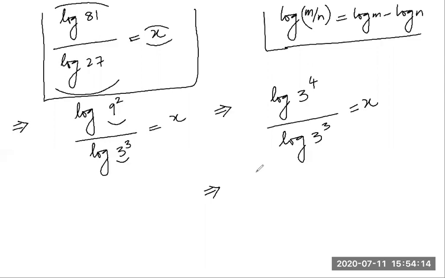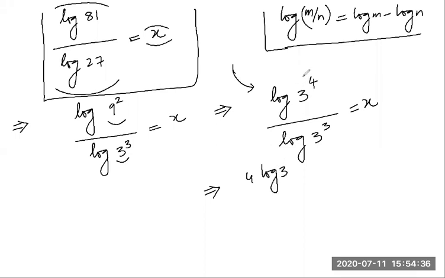Sir, we'll shift log 3 cube upside. Log 3 raised to power 4 into log 3 raised to power 3. No. Anyone? Sir, we will use the power law. Yes, use it. Sir, 4 log 3, because we have to cancel log 3.